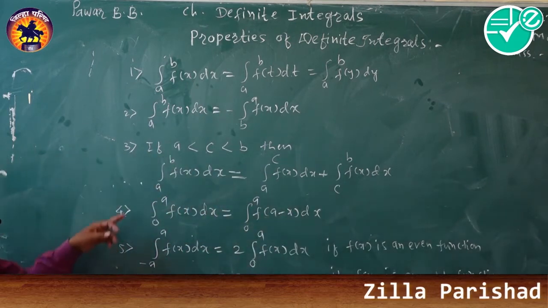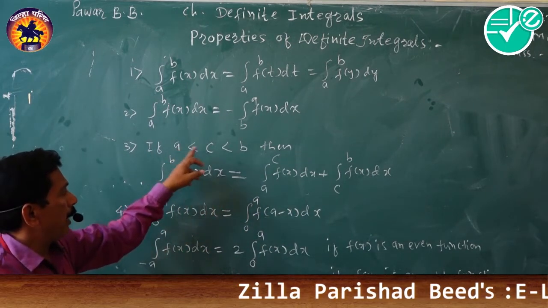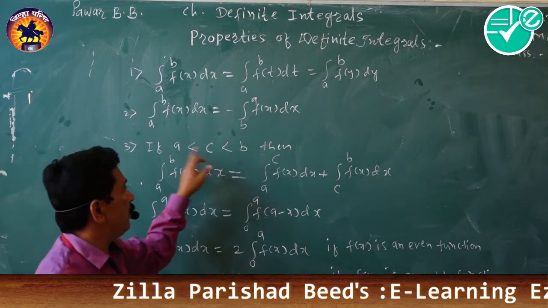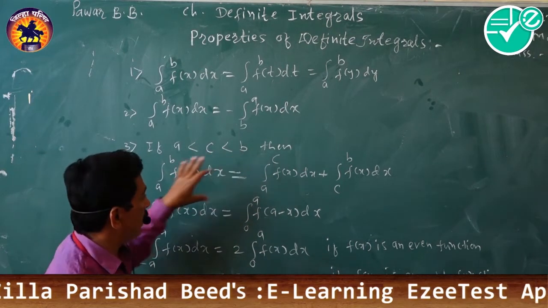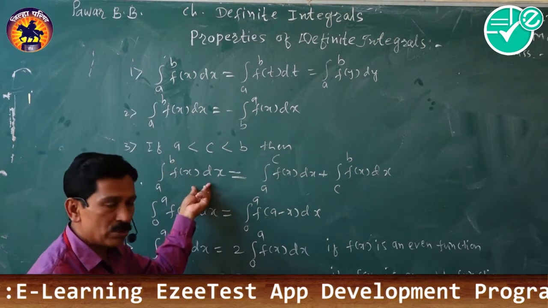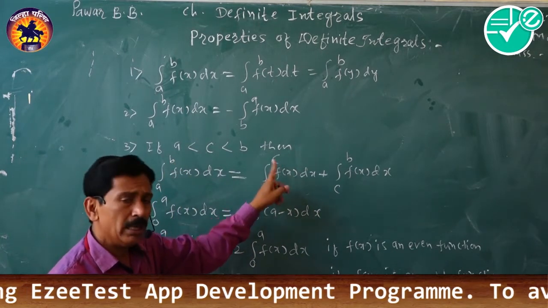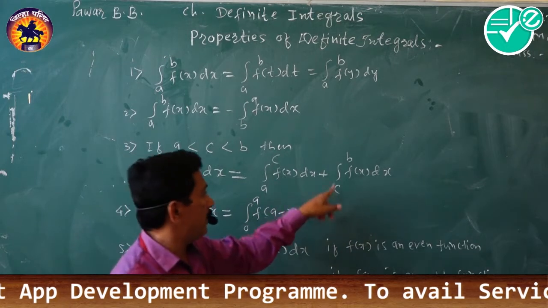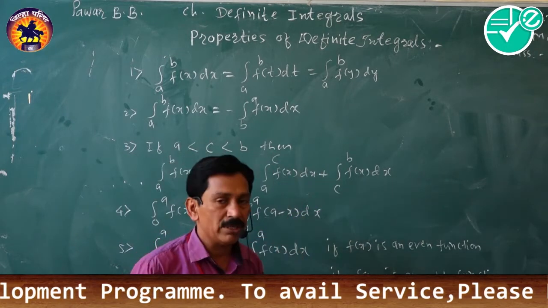Let us see. In this property, c is in between a and b, so this interval can be broken. That is, integration from a to b f of x dx is equal to integration from a to c f of x dx plus integration from c to b f of x dx.